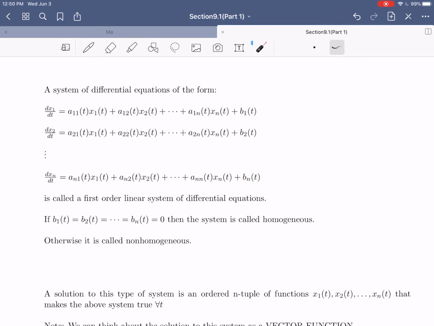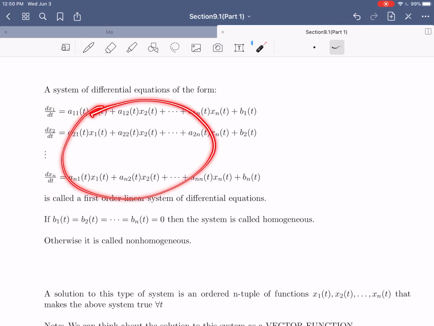Now, you can imagine that as we do this investigation a little bit further, this is prime material to rewrite into a vector equation. We could think about this as a column vector of derivatives.